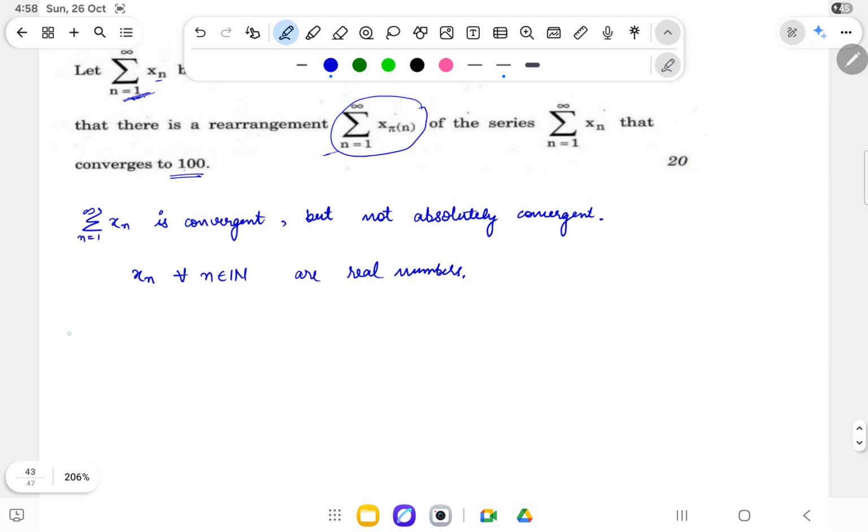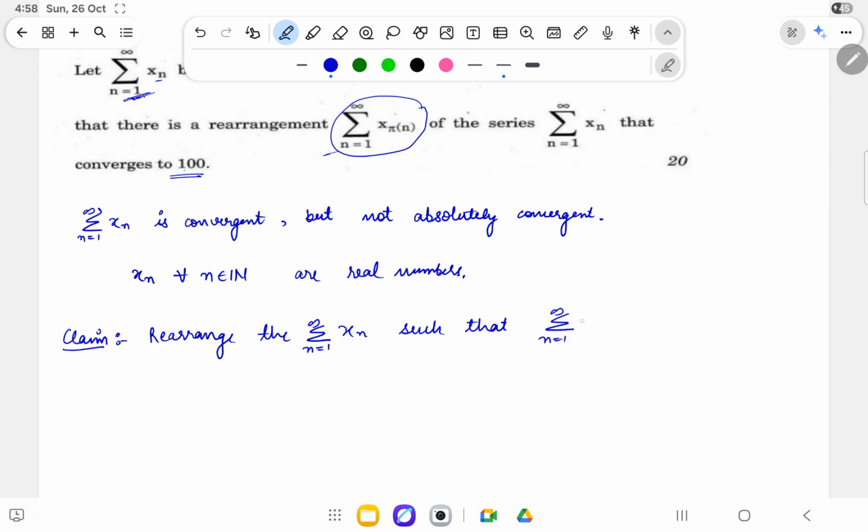So our claim is that we are supposed to rearrange the series, that is summation n equals 1 to infinity xn, such that summation n equals 1 to infinity x pi n is equal to 100.